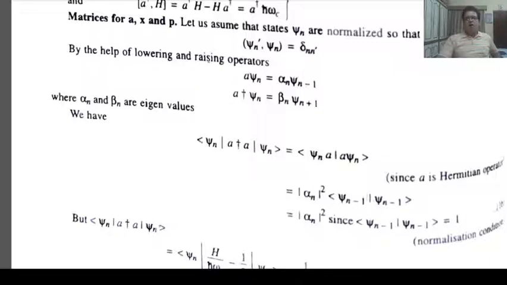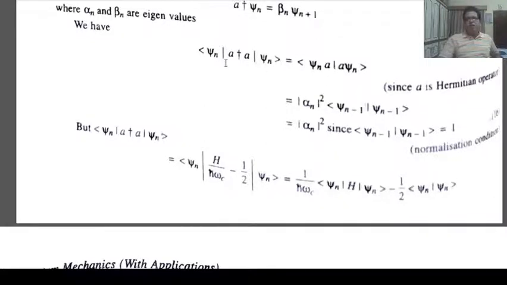By the help of the lowering and raising operators, A psi n equals alpha n psi n minus 1, where A is the lowering operator, and A dagger psi n equals beta n psi n plus 1, where A dagger is the raising operator. Alpha n and beta n are nothing but eigenvalues.